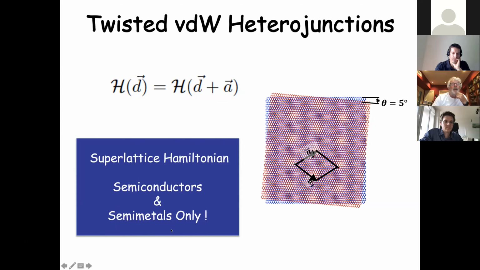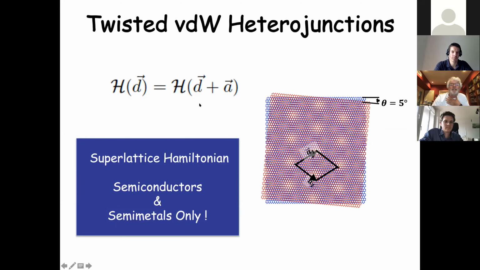And so what I'm going to talk about only applies when all of the states in the energy range of interest are near one or several momenta of the underlying crystal. And that means this only applies for semiconductors or semi-metals in the jargon of the field.